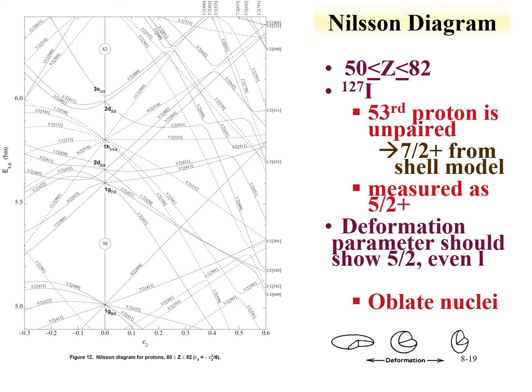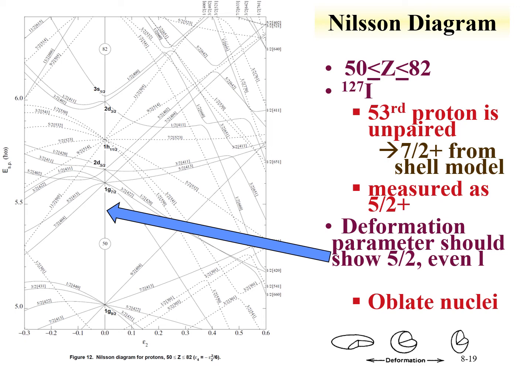So let's consider iodine 127. It's a stable nucleus. Here's the Nilsson diagram for the protons of Z between 50 and 82. Iodine 127 has 53 protons.